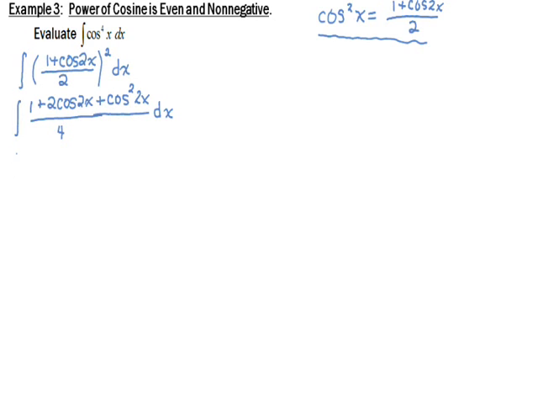So one thing I might suggest is perhaps we could take a 1/4 out in front, and essentially now we would be integrating 1 with respect to x, quite easy, plus, and then we would integrate 2 cosine of 2x with respect to x.